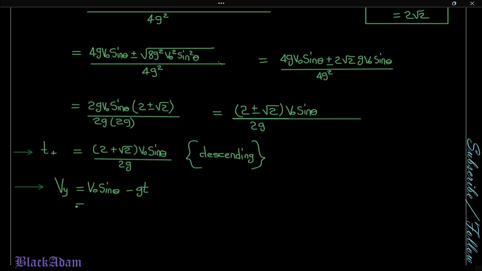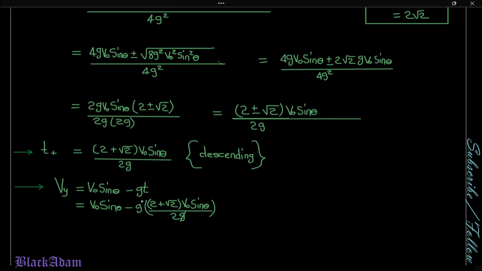Then we substitute the time: v initial multiplied by sine theta, minus g, and our time now becomes the time of descent, that's (2 plus root 2), all of that multiplied by v initial multiplied by sine theta all over 2g.